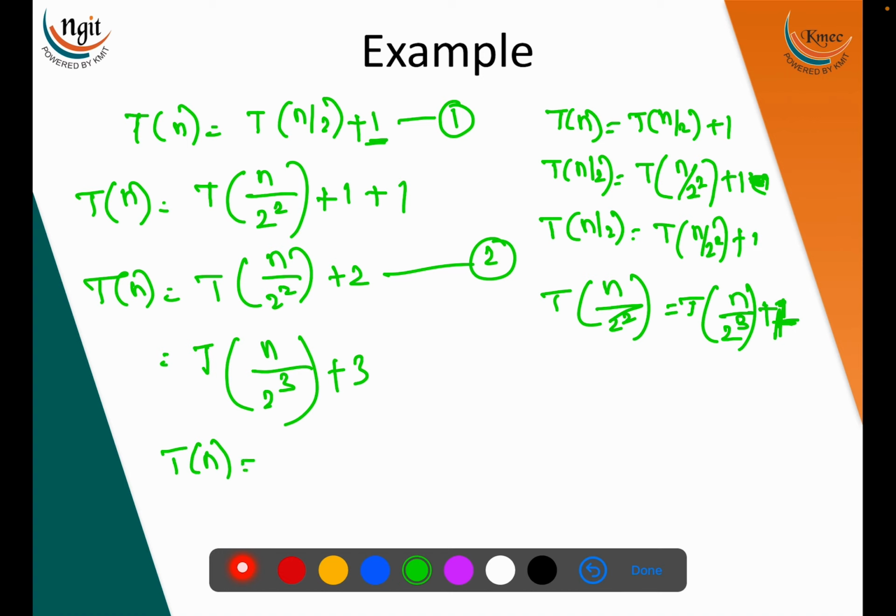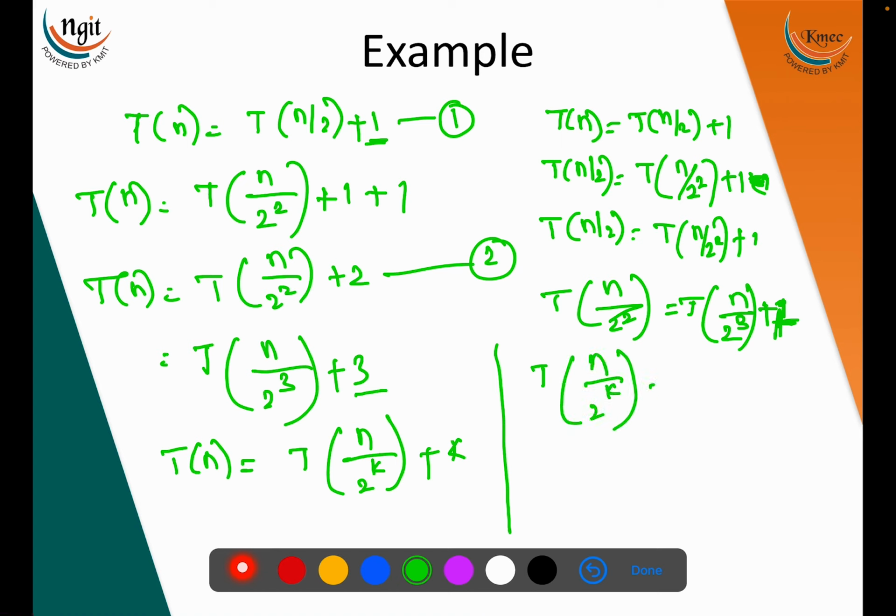Finally, T of n is equal to T of n by 2 power k plus k. So T of n by 2 power k will reach T of 1, the condition in the recurrence relation. So T of n by 2 power k is equal to T of 1.